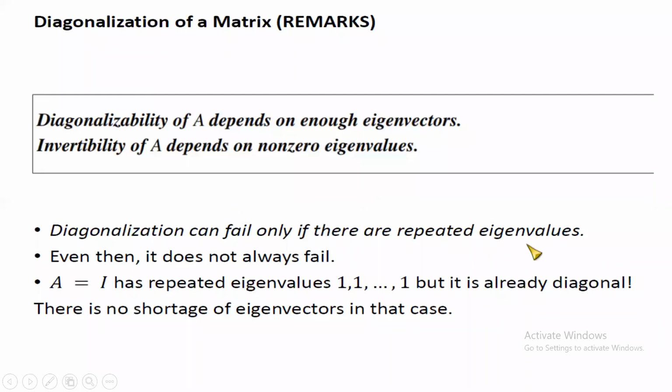If there are no repeated eigenvalues, then diagonalization can definitely be done. Even with repeated eigenvalues it does not always fail, which is why we have mentioned can. For example, A equal to I has repeated eigenvalues 1, 1, 1, but it is already diagonal, so there is no shortage of eigenvectors in that case.